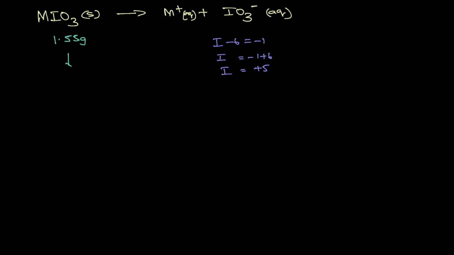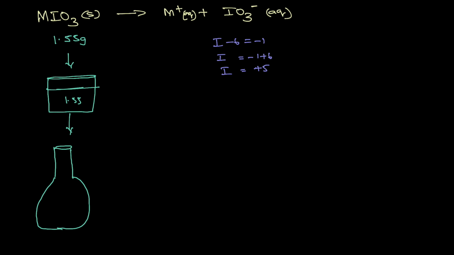We transfer that into a beaker of water, and that's 1.55 grams. And then from there, we transfer that into a volumetric flask and mark up to 250 centimeter cube. And then we pipette 25 centimeter cube into a conical flask.